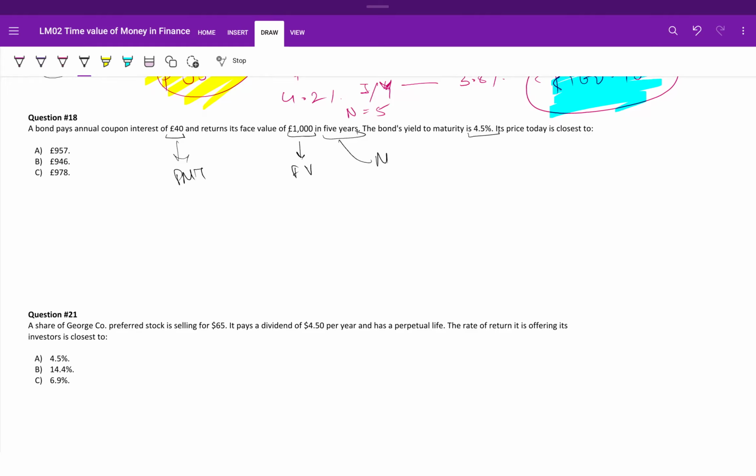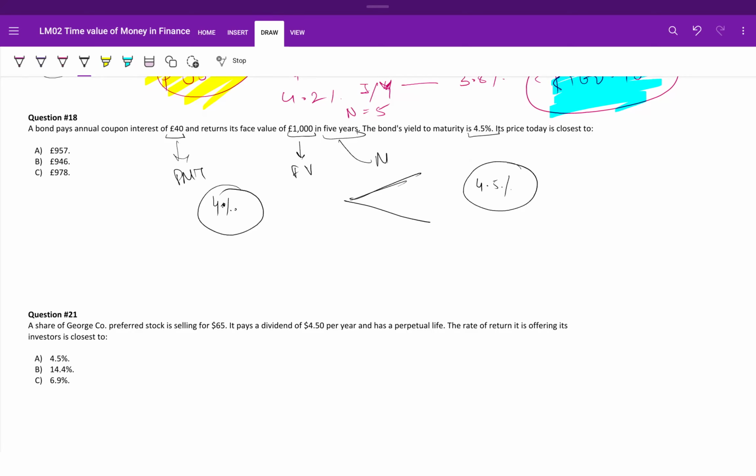If you observe carefully in this question, the yield to maturity is 4.5% and the coupon payment is 4%. So yield to maturity is more and the coupon payment is less.